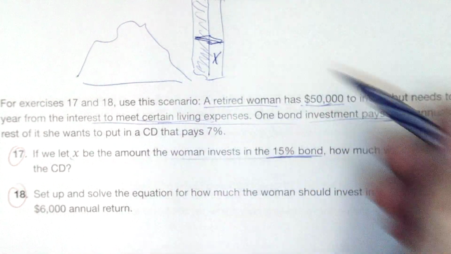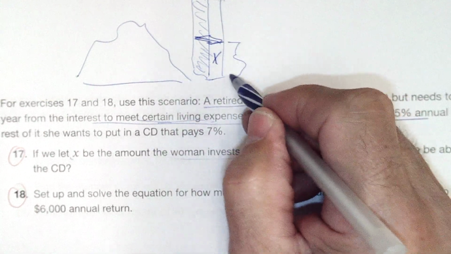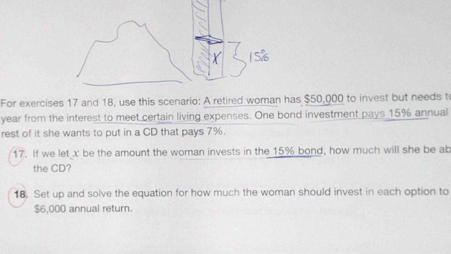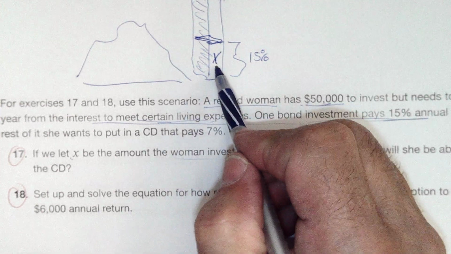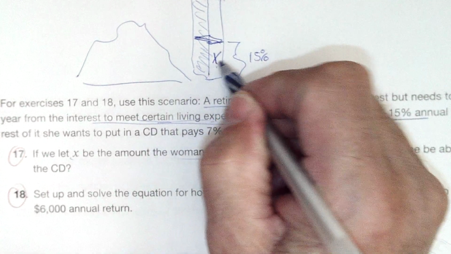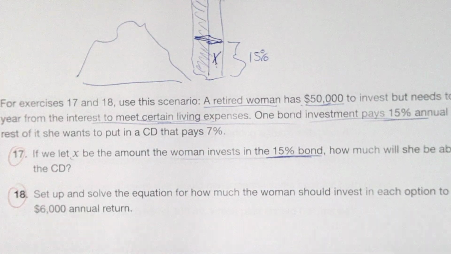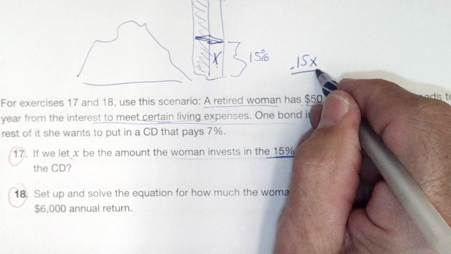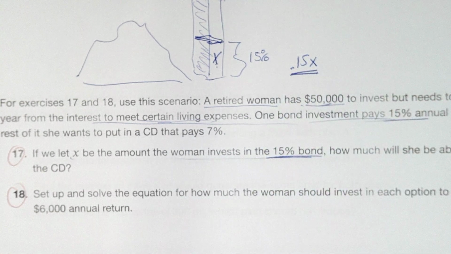So let's say this is X, and she's going to put this in at 15% interest. So it means every year she's going to get 15% of these dollars. So to find 15% of that, it's going to be 0.15x. That's how much money in interest she'll get in a year.